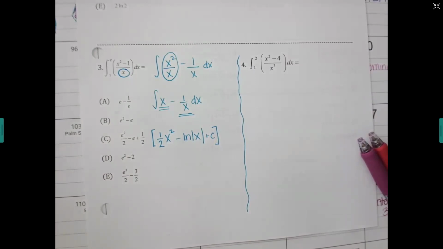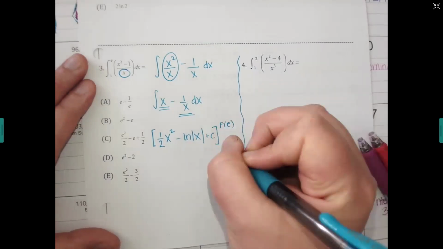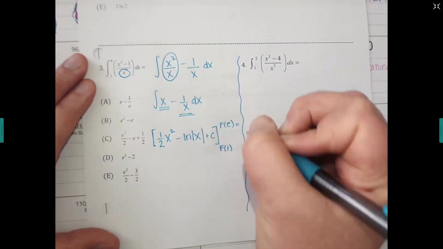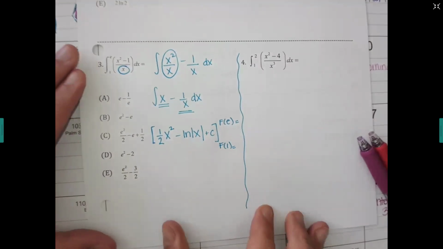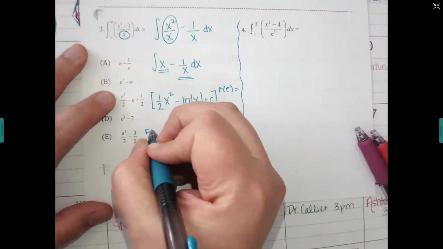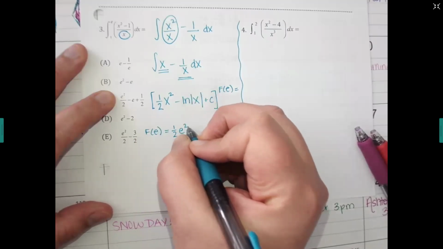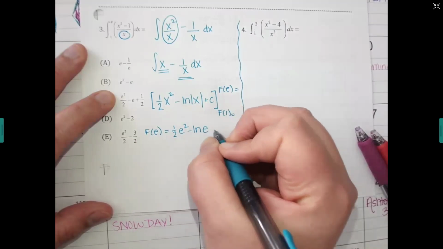So on the top, we're plugging in an e. On the bottom, we're going to plug in a 1. Since I don't really have space to do it right here, I'm just going to scooch down a little bit. So capital F of e would be 1/2 e squared minus ln of e.